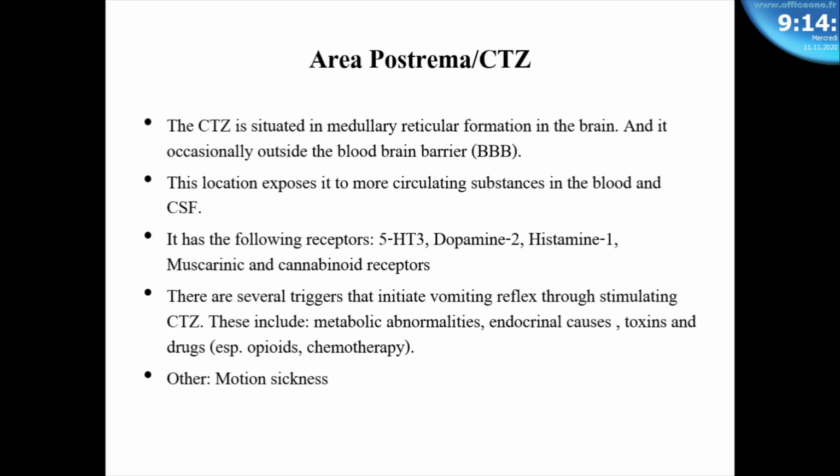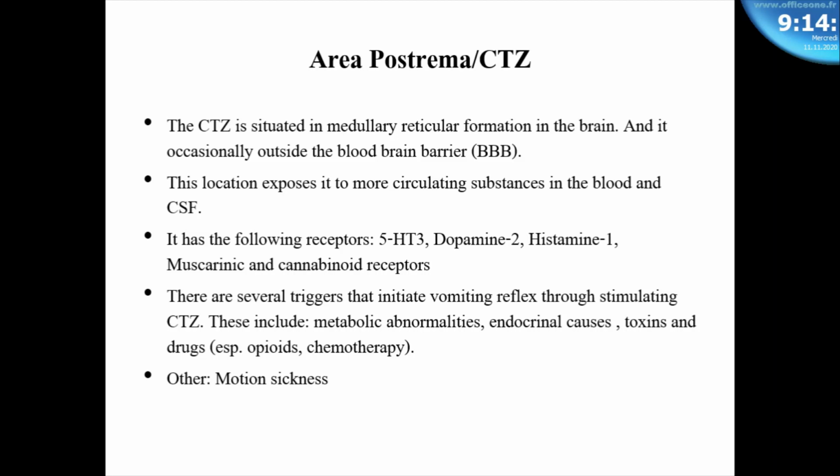Friends, what is the chemoreceptor trigger zone, the area postrema? This is the part of the brain, the area of the medulla oblongata, that receives sensory input from different body parts and communicates with the vomiting center to initiate the vomiting reflex. That's one.